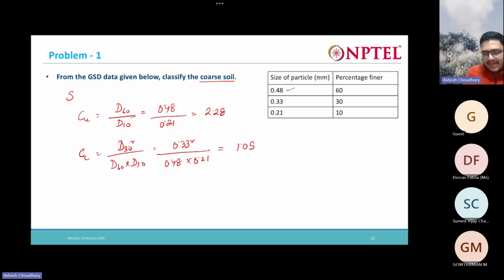For a sandy soil to be well graded, the Cu should be greater than 6. Here the Cu is not greater than 6, though the Cc lies between 1 and 3. So that's why we call this soil a poorly graded sand. Okay, so this is how we classify it. Good, very good.